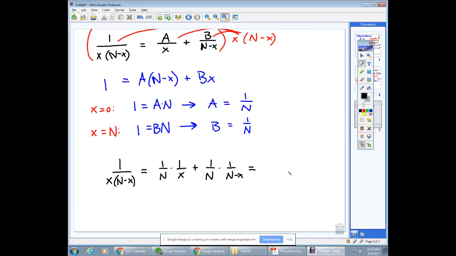And so I'm just going to factor that 1 over N out. And so it's simply 1 over x plus 1 over N minus x, which is not too bad to integrate.